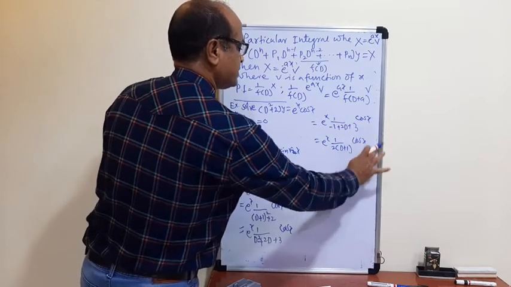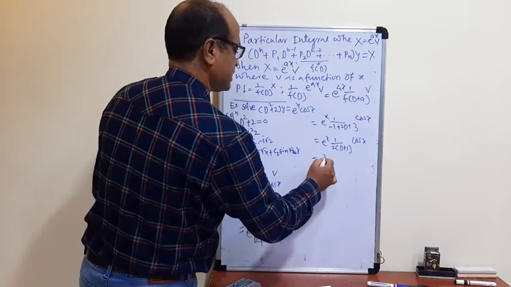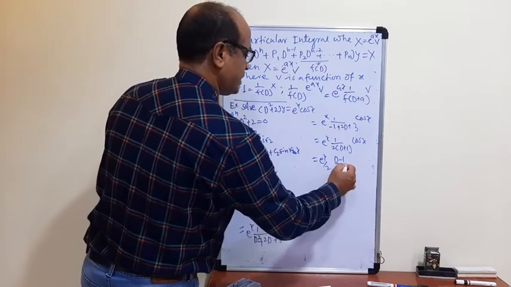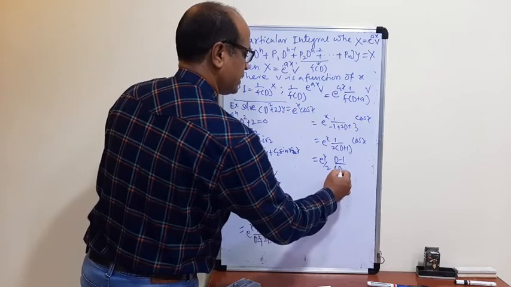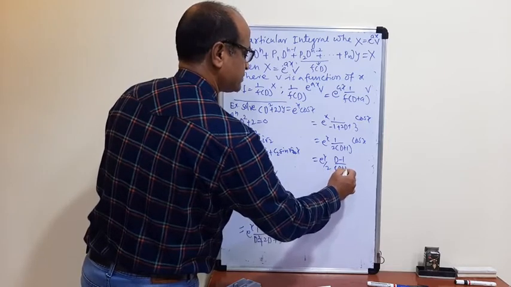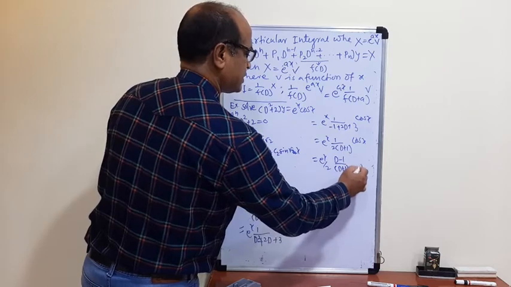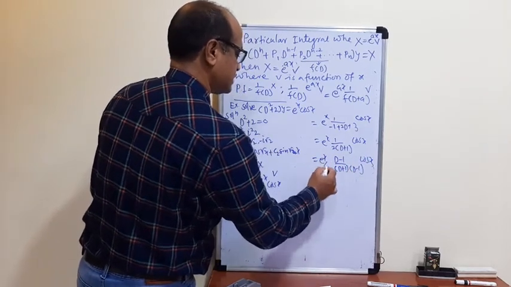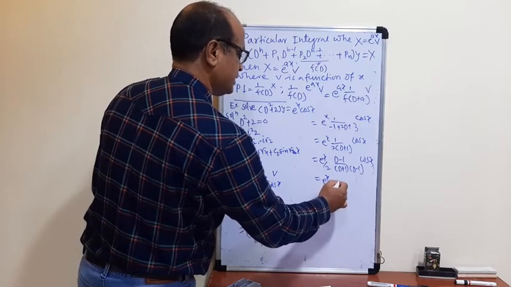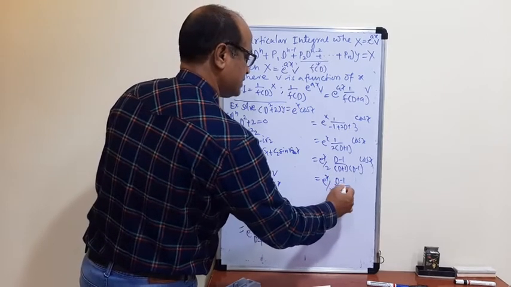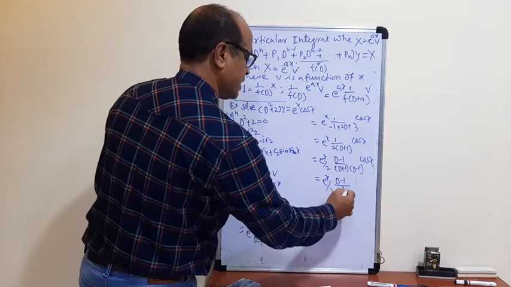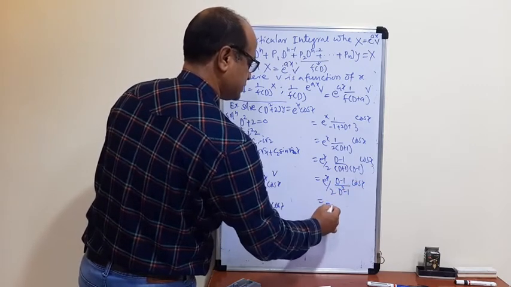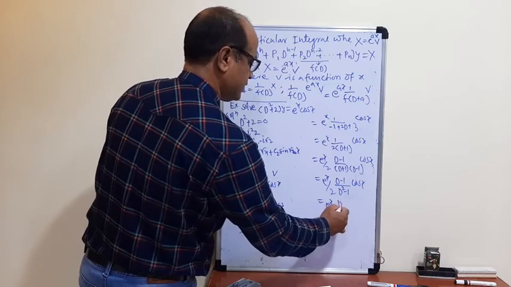Multiplying numerator and denominator by (D - 1), this is eˣ/2 times (D - 1)/(D² - 1) cos x.